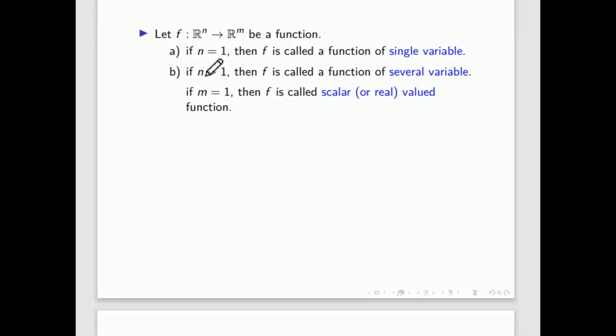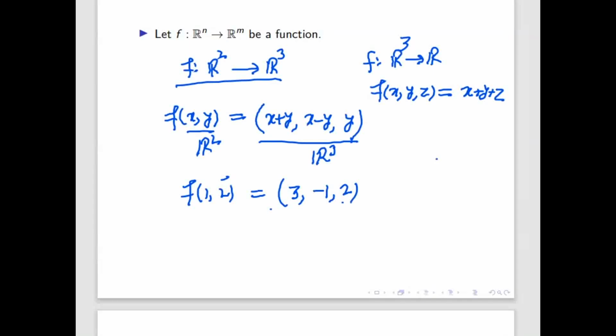Now we'll see multivariable or several variable real valued function, and if m is greater than 1, then it is called vector valued function, because if the right hand side is R2 or R3, then the image will be a vector, not a number. If m equal to 1, we get an image as a number, like here.